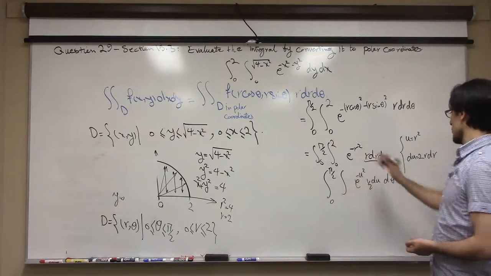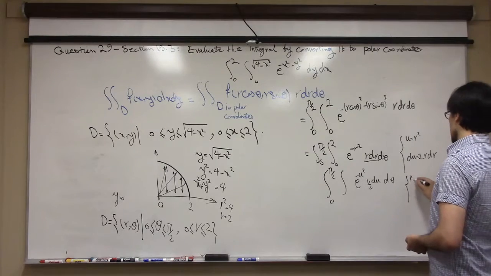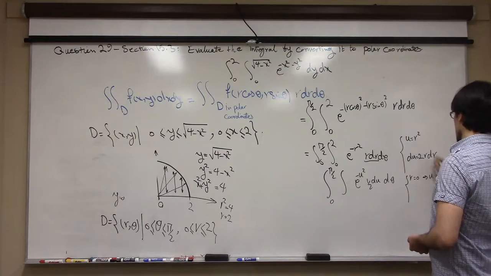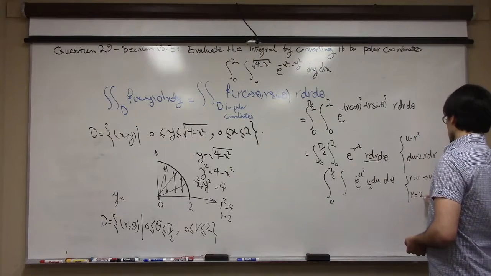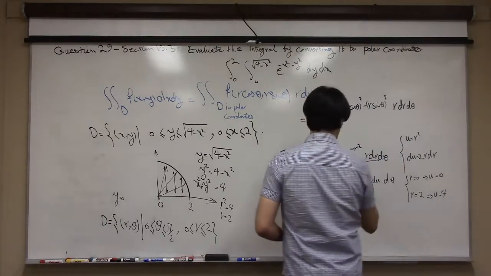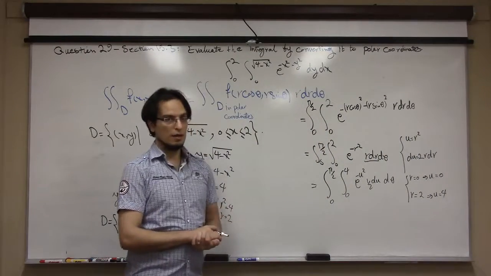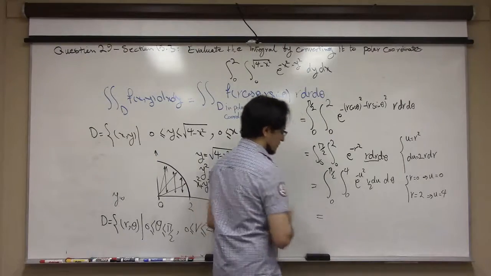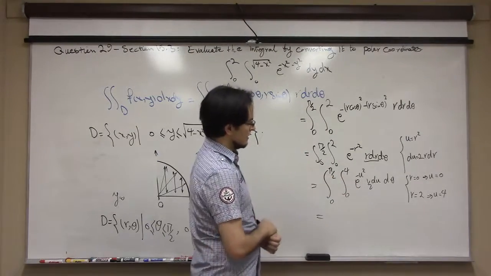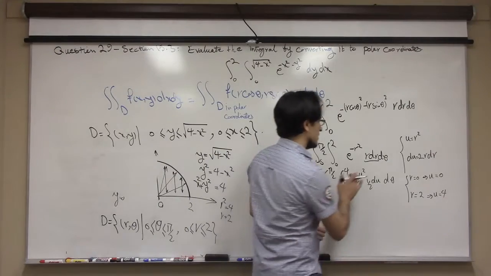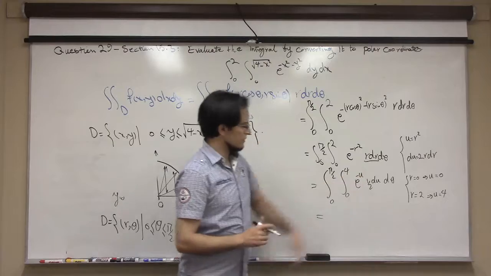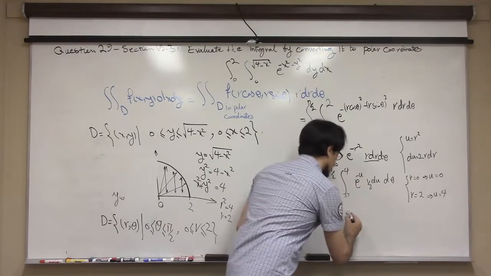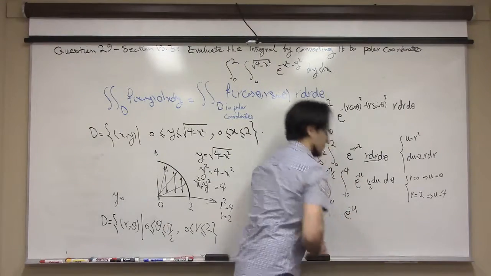And then I have to change the boundaries. If r is 0, then u is 0 squared, which is 0. If r is 2, then u is going to be 4. So I have to go from 0 to 4 in my new variable u. Then the antiderivative of, sorry, this should be u, so e to the negative u. The antiderivative of e to the negative u is negative e to the u.